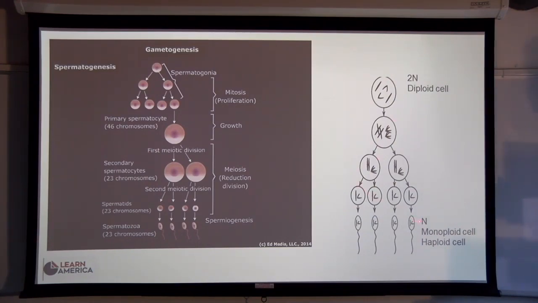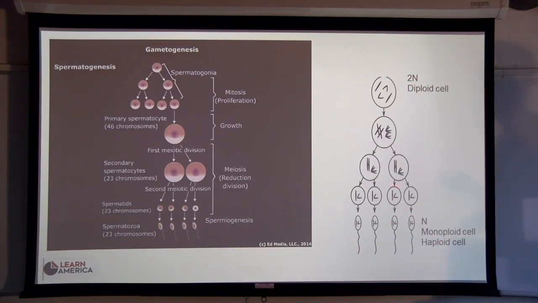Once it divides, it will divide into a half, which is represented with just the letter N. Sometimes you will see it referred to as a monoploid cell or haploid cell. So in spermatogenesis or gametogenesis, you go from a diploid cell into a haploid cell, from 2N to 1N.